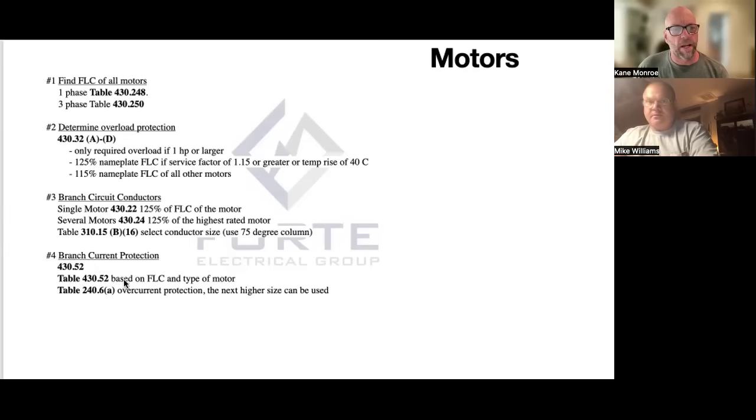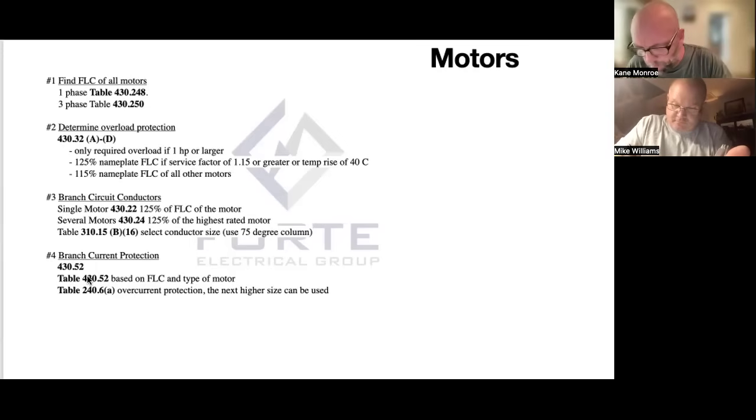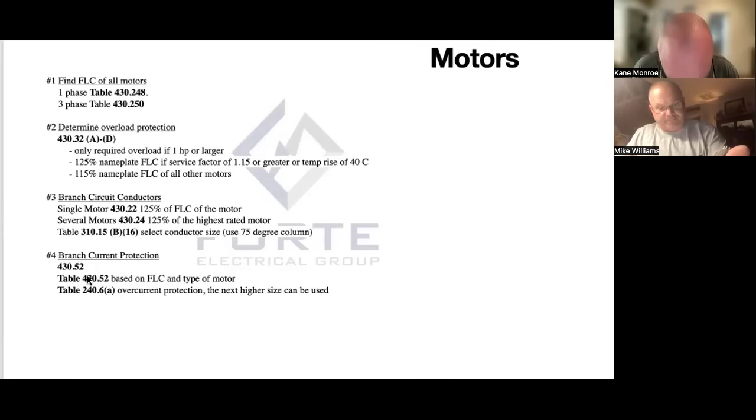So refresh on step number 4. All we do is we take the FLC and it's going to give you the type of motor. And then you take that service factor and put that in there. Let me get back to motors. 430.52.